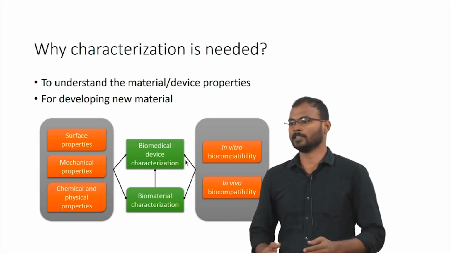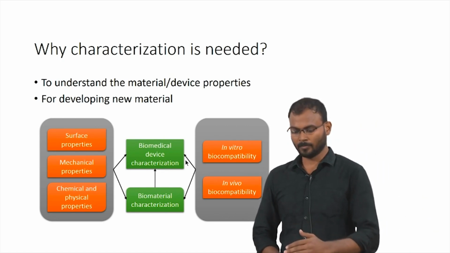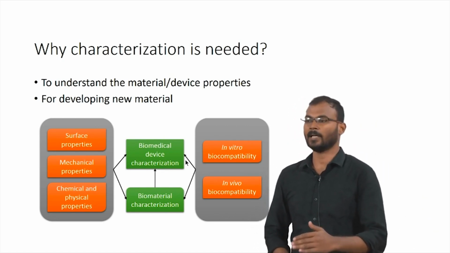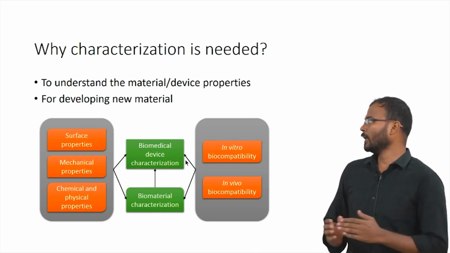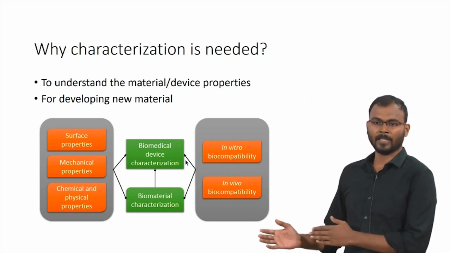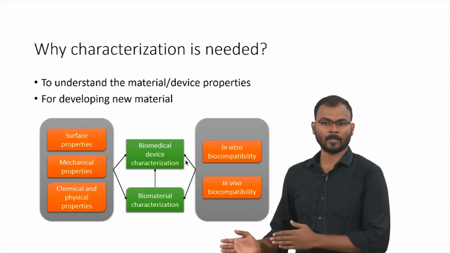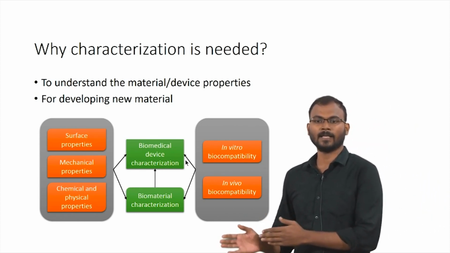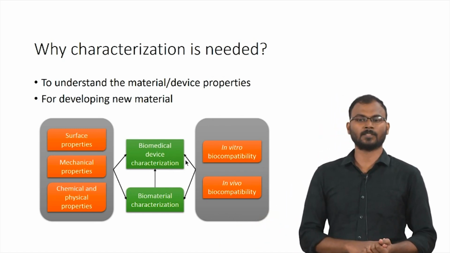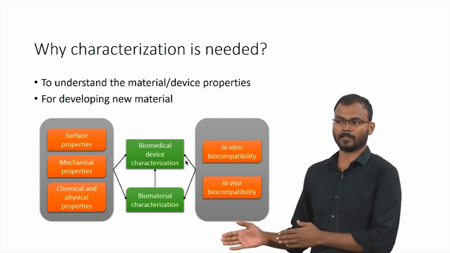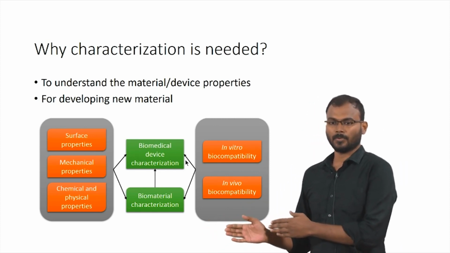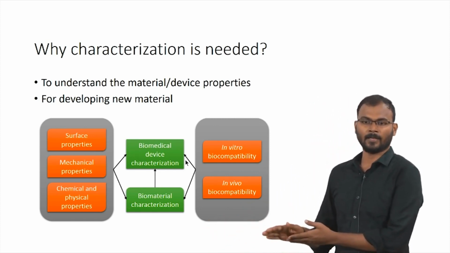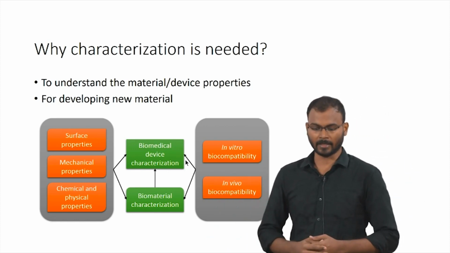After all these properties have been tested, it must be done at both the biomaterial level and the biomedical device level. It cannot be only for the material. If I am preparing a material and it is biocompatible, we cannot say that will be exactly replicated in the device, because a device will have a different structure and its function varies totally. So you have to check at the biomaterial level first, then go for the biomedical applications.